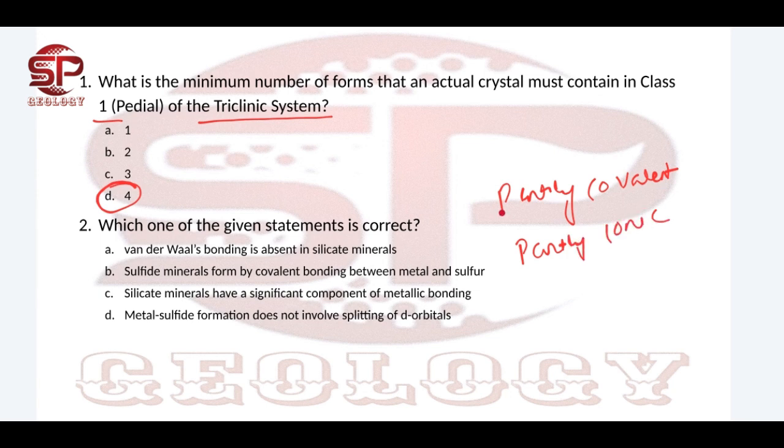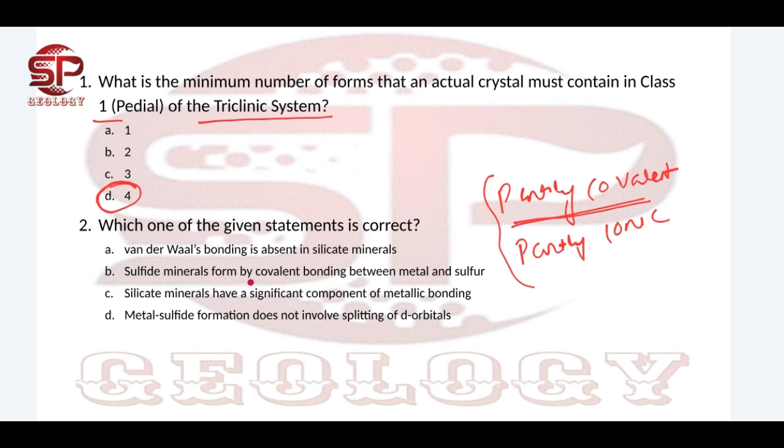So the bond of silicate structure is partly covalent, partly ionic. So van der Waals bonding is absent in silicate structure. You will only find covalent and ionic bonds. So silicate bonds are partly covalent, partly ionic.